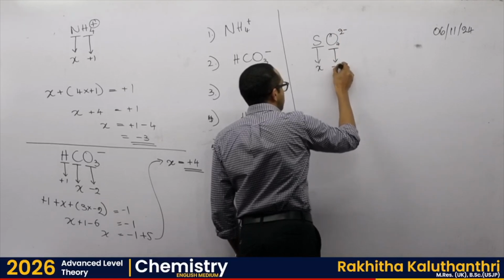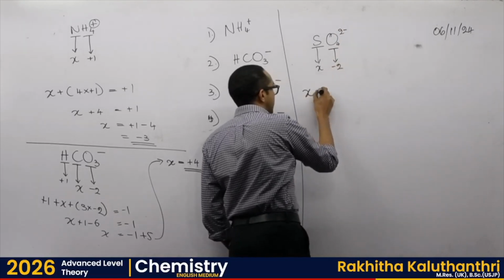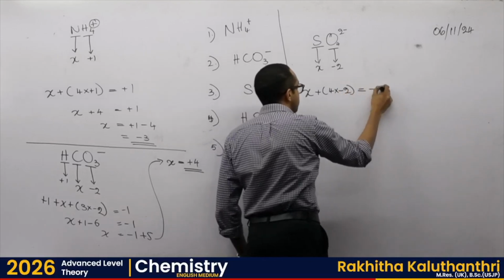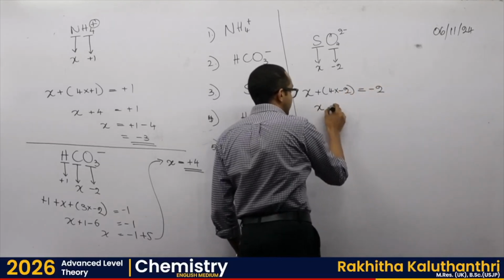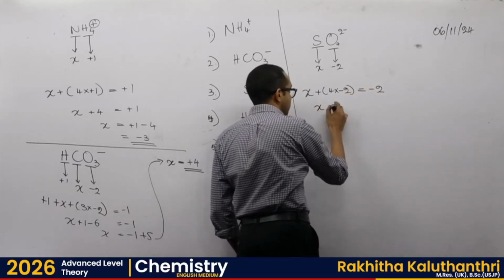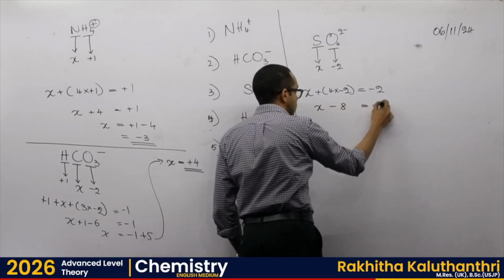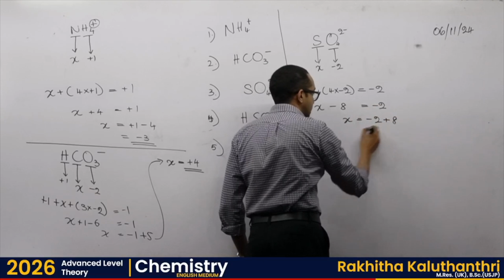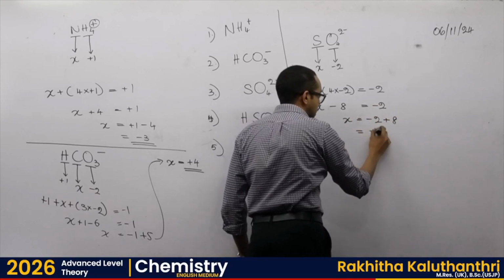Oxygen is -2. So you have X plus 4 into -2 is equal to -2. So X minus 8 is equal to -2. X is equal to -2 plus 8, which happens to be plus 6.